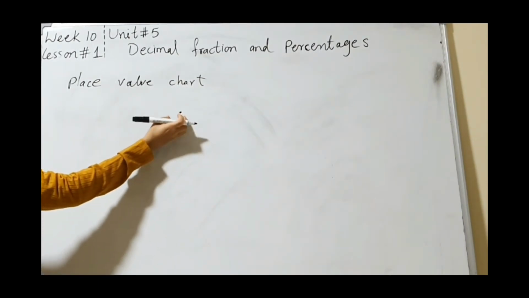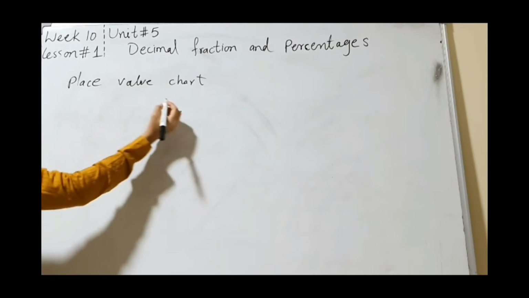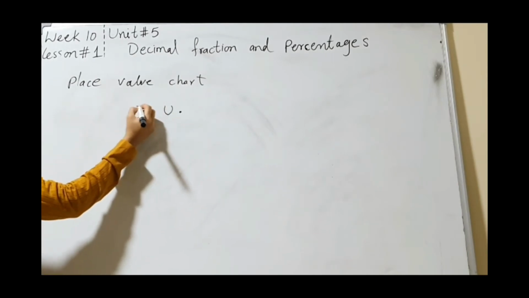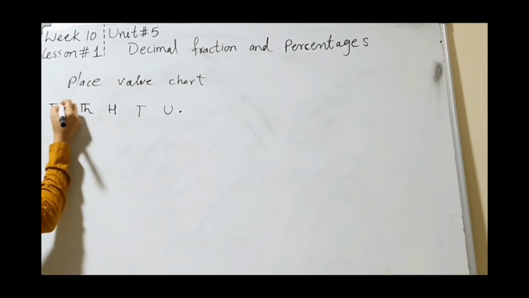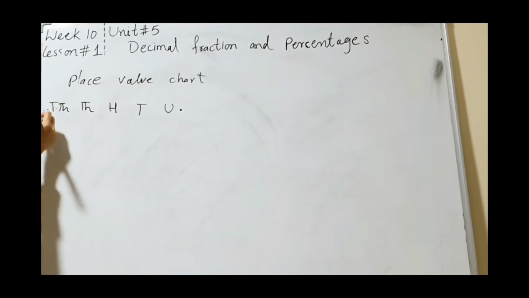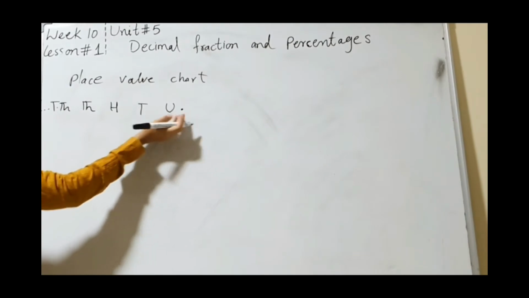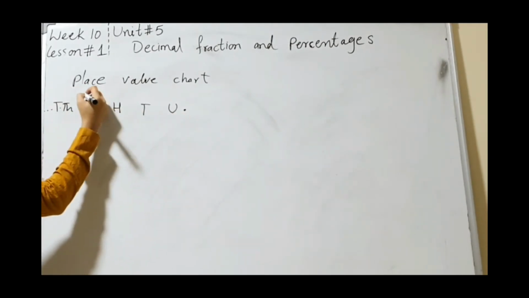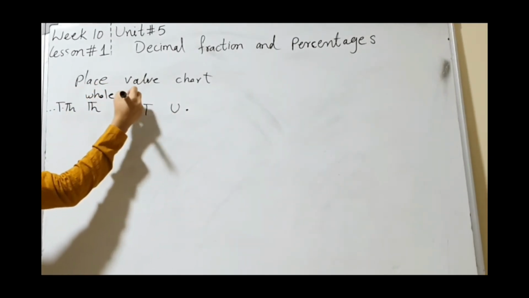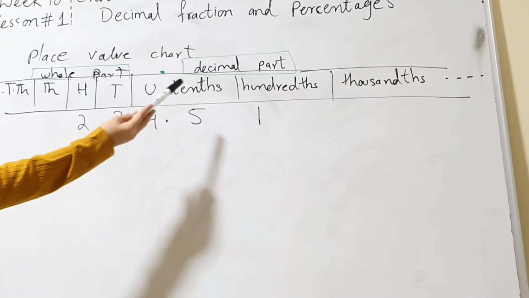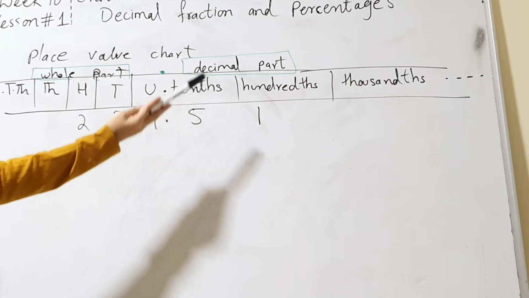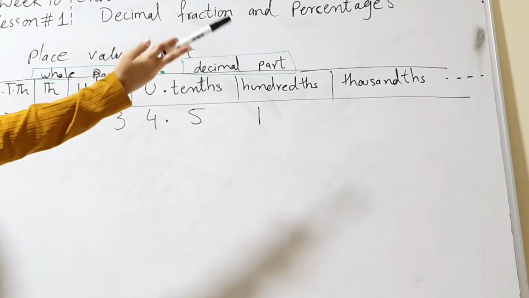So with the decimal point on the whole part, you will have the units, tens, hundreds, thousands, and then 10,000 and so on. And after decimal point, this is the place value chart for whole part. Decimal part has place values tens, hundreds and thousand, so on.